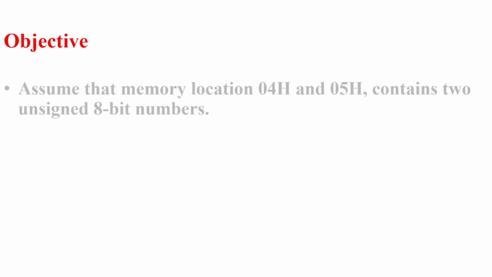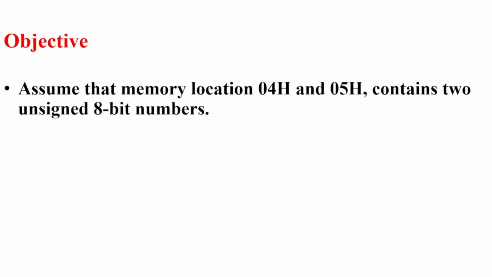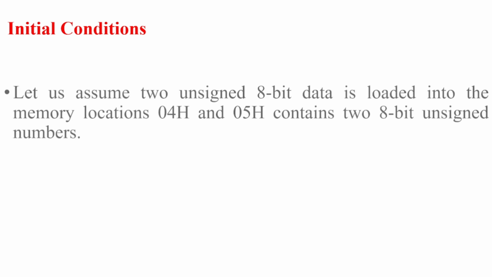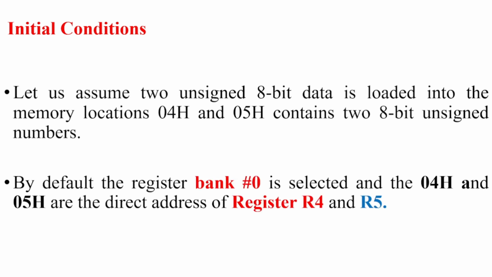Our aim is to add two unsigned 8-bit numbers, presuming that memory locations 04H and 05H hold the respective values. The added unsigned numbers are stored in memory location 30H. Let us see the procedure.